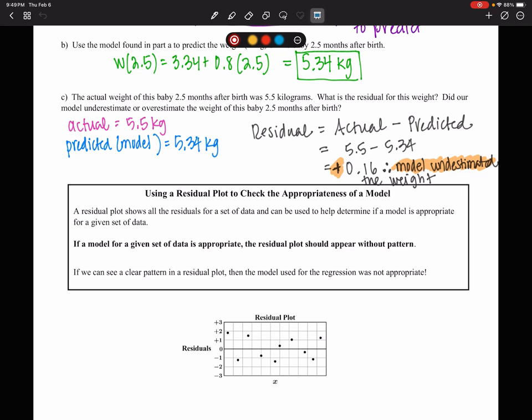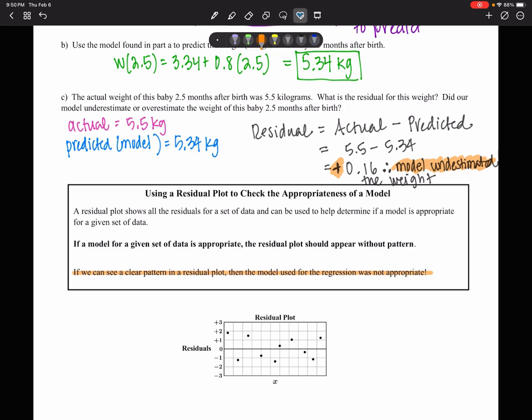What's important is that we can plot these points. And if in that plot there's a clear pattern, then the model was not appropriate.